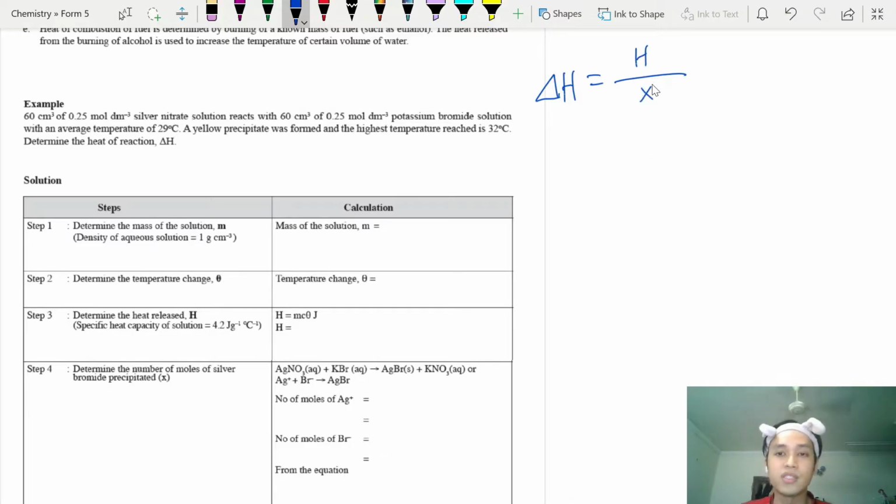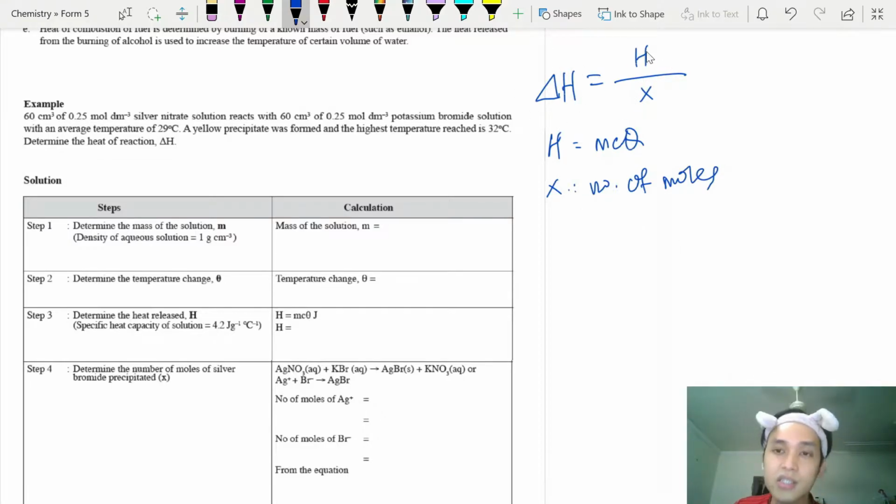H is your heat energy. If you learned in physics, we use mc theta for heat. This one is number of mole. So in order to calculate the heat of reaction, I need these 2 things: the heat energy released or absorbed, and the number of moles of the substance that is formed.